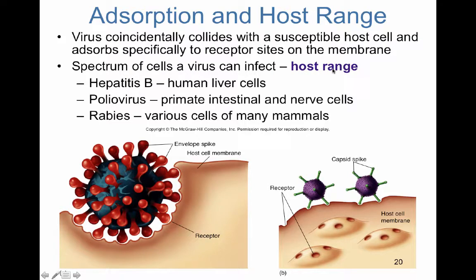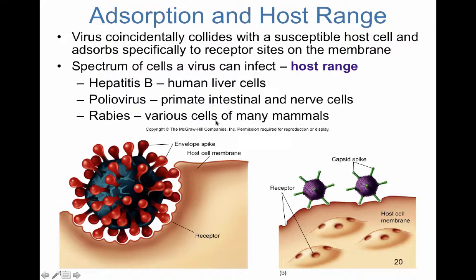Smallpox can infect humans, and there are variations of a poxvirus like cowpox or monkeypox, but smallpox itself is only infective to humans. Along with the host range, it also has a particular host cell type. For example, Hep B is only infective to liver. Polio is infective to intestinal and nerve cells. Rabies can infect various cell types.